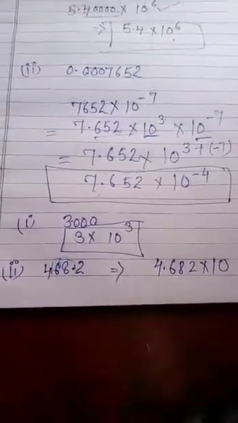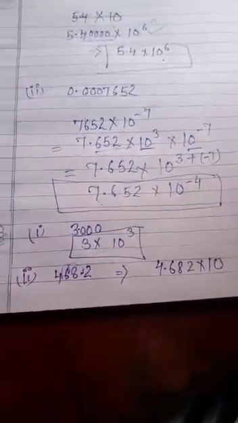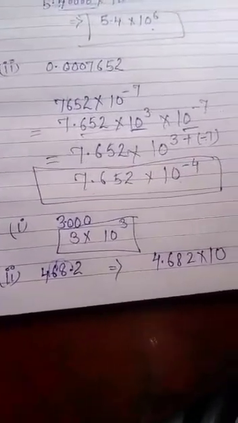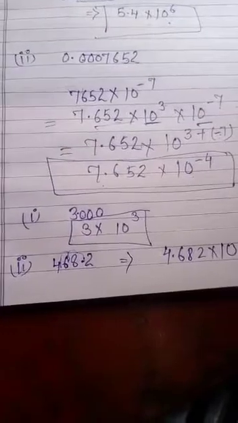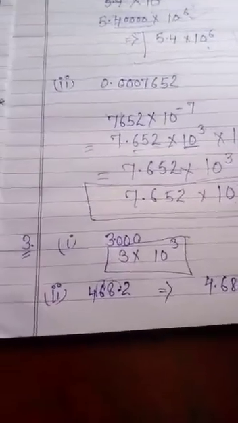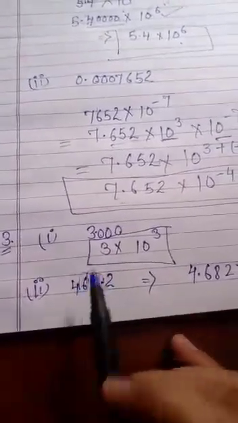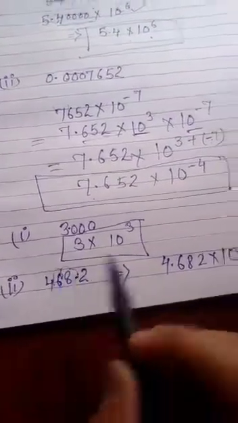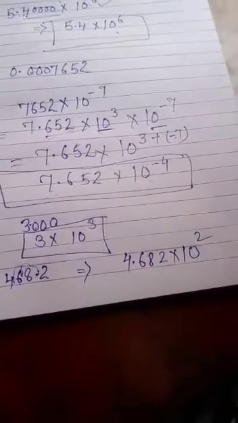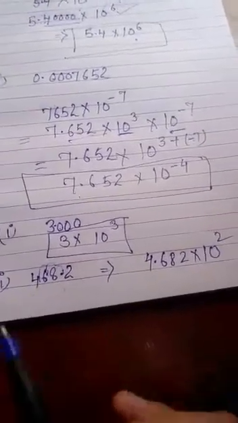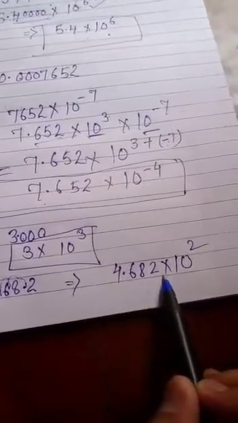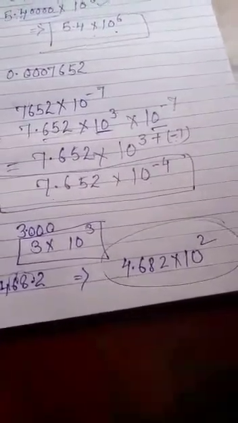See, as I told you, if your number is greater than 1, then the index should be positive, and this index is equal to the number of places the decimal moves. This is place 1, then second, so 10 raised to power 2. So the scientific notation or standard form of 468.2 is 4.682 multiply 10 raised to power 2.